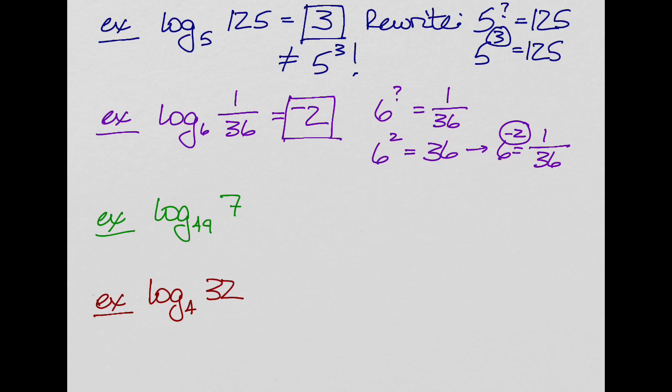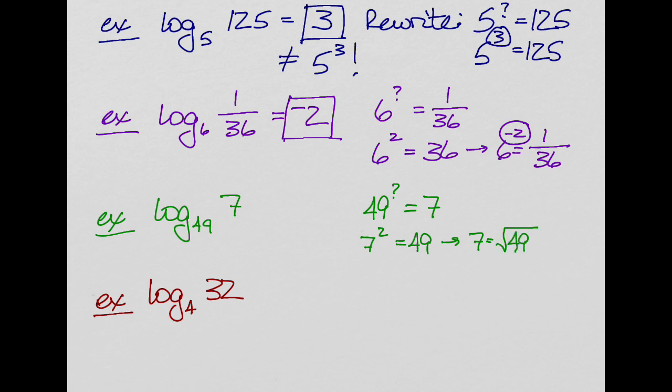Log base 49 of 7. So again, 49 is the base. What power do I need to end up with 7? Well, I know a relationship between 7 and 49. I know that 7 squared is 49, but that doesn't help because here the base is 7. I need the base to be 49. So let's see. If I take a square root on both sides, or maybe you just know this, 7 is the square root of 49.